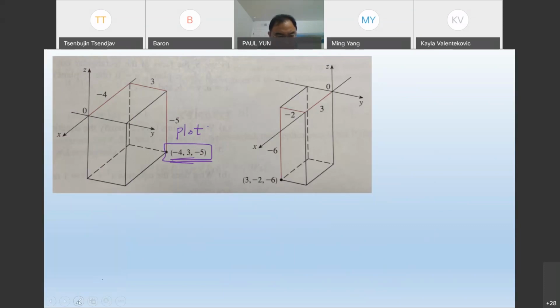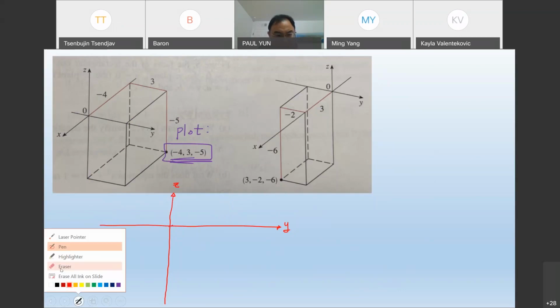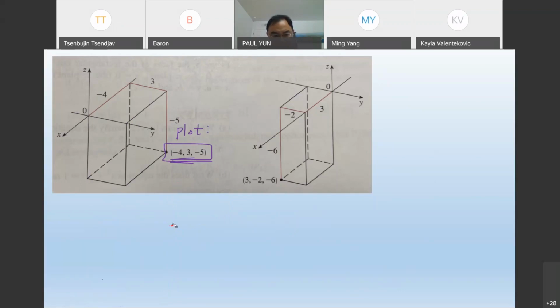So I suggest you draw the y-axis down, make it perpendicular, and then a 45-degree cut. Start to plot and see what we can do.